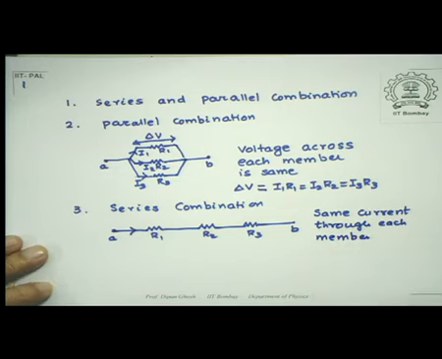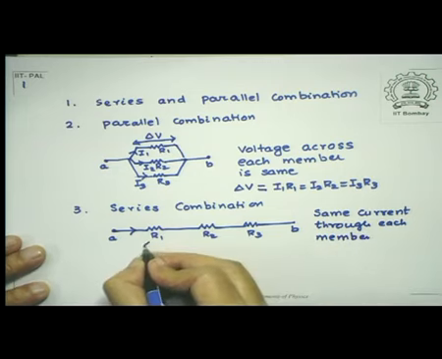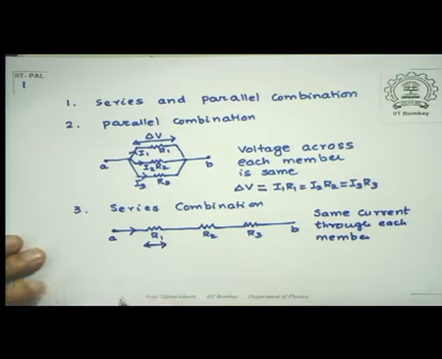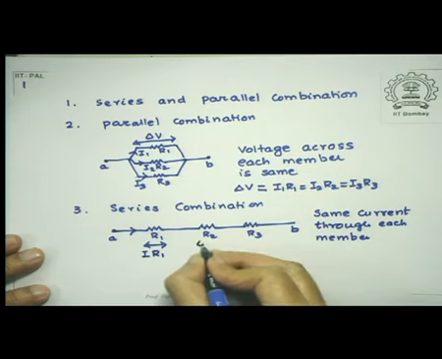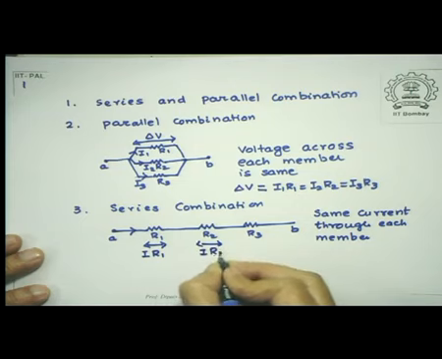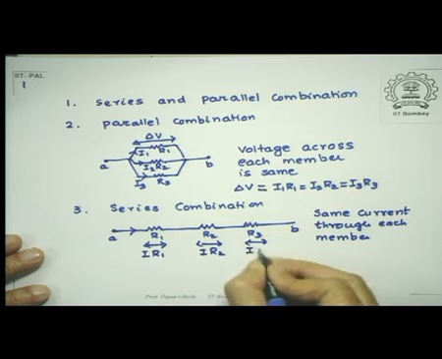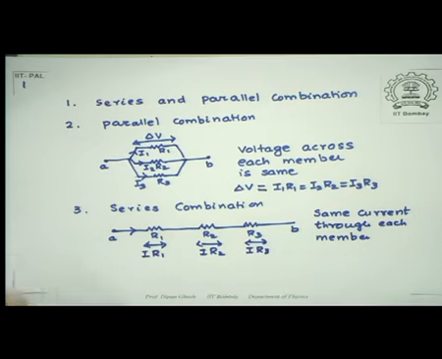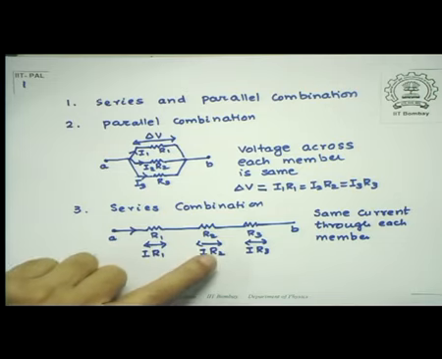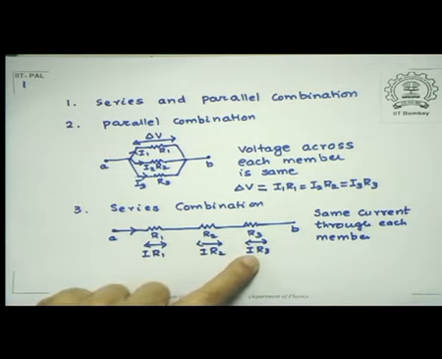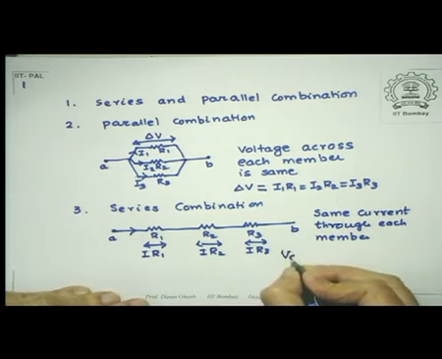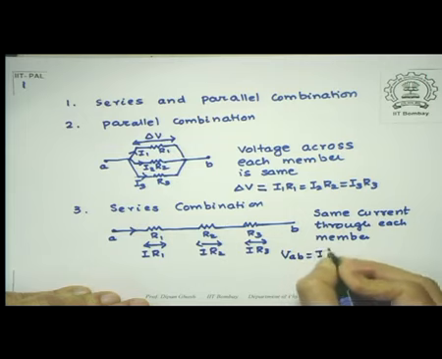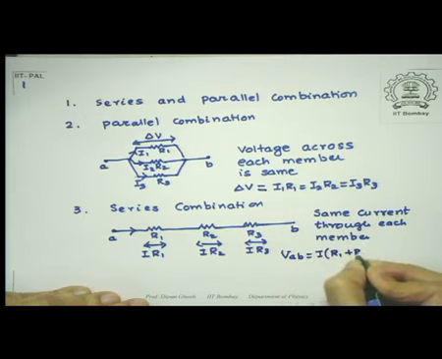As a result, since I is the same and here R's are different again, this is IR1, this is IR2, this is IR3, this is the drop across them. So the drop delta V1 across this, delta V2 across this, delta V3 across this. So the net drop across AB, let's call this VAB, is I times R1 plus R2 plus R3.